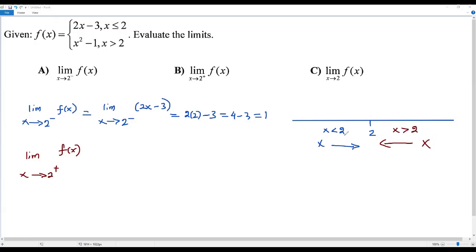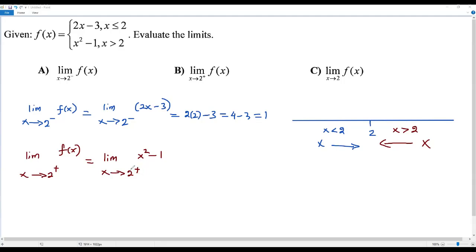Now we have to consider the piece of f(x) where x is greater than 2. So this is the piece we have for f(x) when x is greater than 2. Now we have to plug in this x² - 1 for f(x) over here. Then I'm getting the limit as x approaches 2 from the right of x² - 1. So this positive sign has nothing to do with the calculation. It indicates that x approaches 2 from its right side.